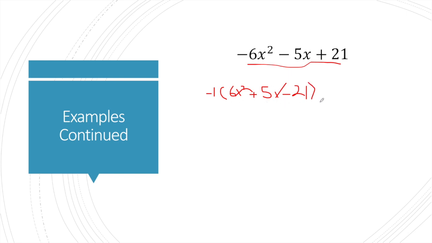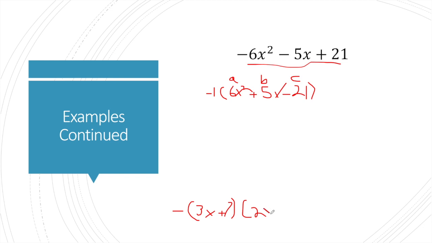Now I can factor this trinomial by finding the factors of AC that add up to B. Keeping in mind 6 is our new A, positive 5 is our new B, and negative 21 is our new C. I'm going to leave this one for you guys to solve, but your final answer that you get should be negative 3x plus 7 times 2x minus 3.